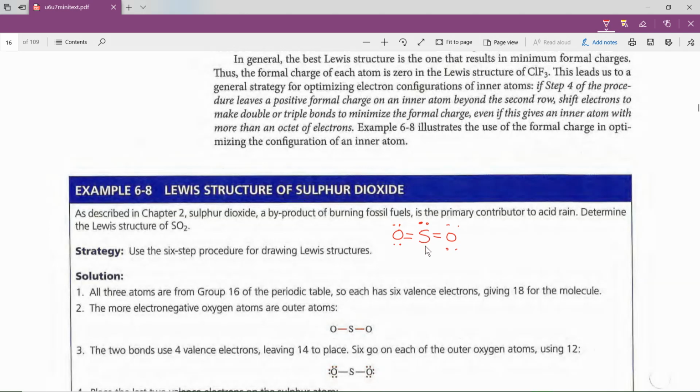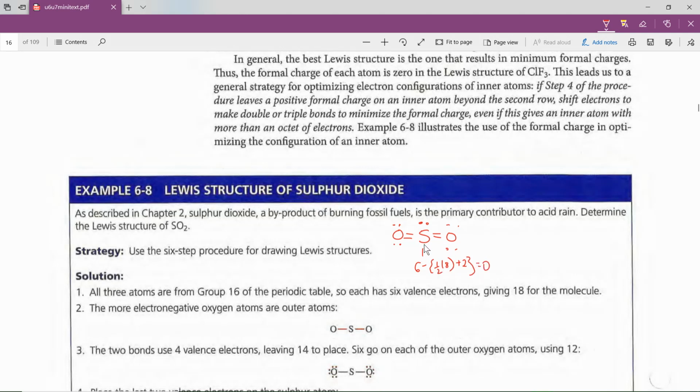So SO2, let's see, the formal charge for the sulfur would be 6 minus a half of 8, right? 1, 2, 3, 4 times 2 is 8, so half of 8, plus 2. So that's 6 minus 6, so that's 0, so that's good.